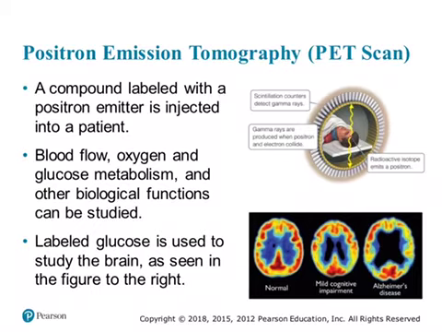And all of these happen microscopically. You cannot see it happening. But what appears on the image to the technician is what you see in the bottom right-hand corner. You can see a normal scan on the left. You can see mild cognitive impairment in the middle. And then you can see Alzheimer's disease on the right.